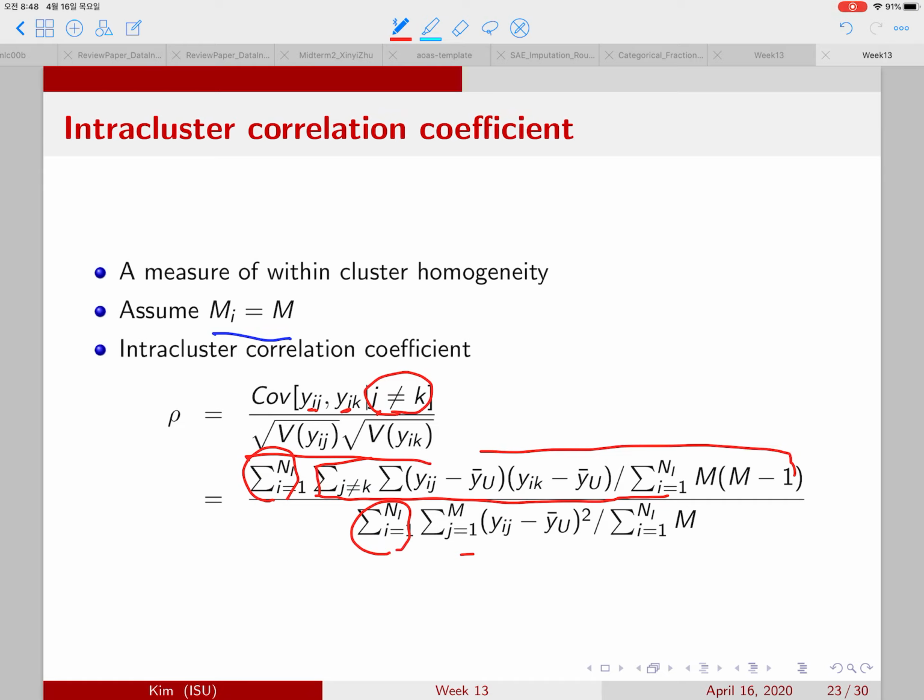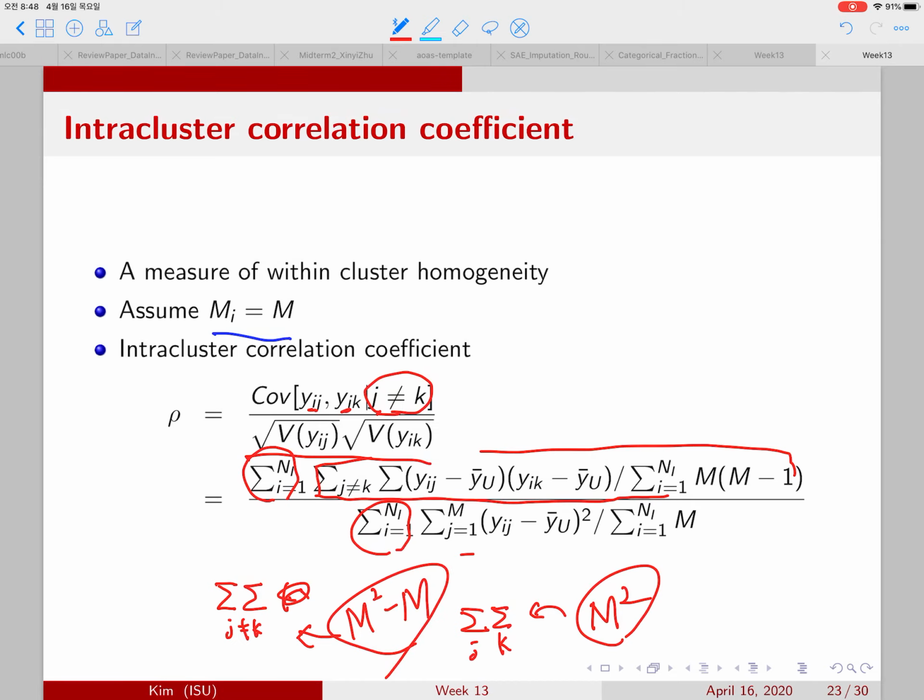The summation here, j not equal to k, means that you sum over all elements excluding the same one, right? So how many of them do you have? Without this, for just j, k, you have m squared terms inside the summation, but here you have m squared minus m terms.